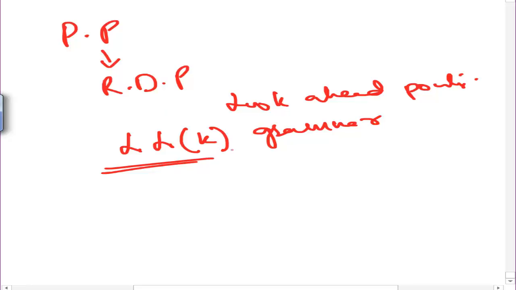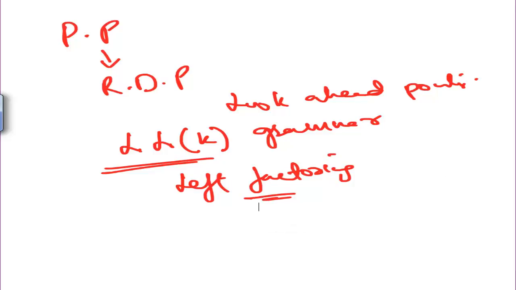So what is this LL(k) grammar, and what do we need to do if we don't have one? We need left factoring. This is a precondition. If the grammar is not left factored, that means it's not an LL(k) grammar, and we can't do predictive parsing.